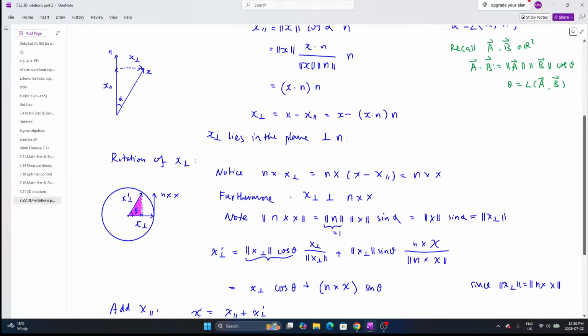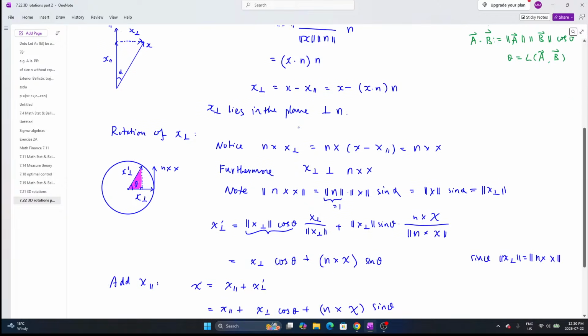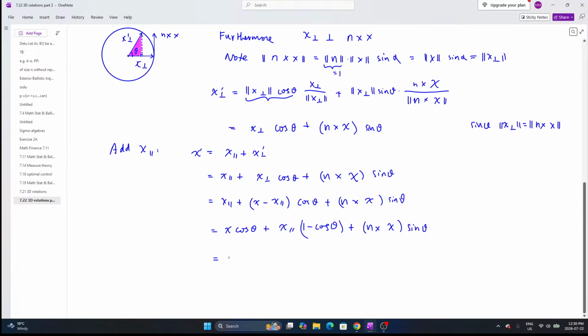The expression for x parallel we had earlier is just x dot n times n. So therefore it is x cosine of theta plus n cross x sine of theta, and then plus n times n dot x times 1 minus cosine of theta, because that's the expression of x parallel.